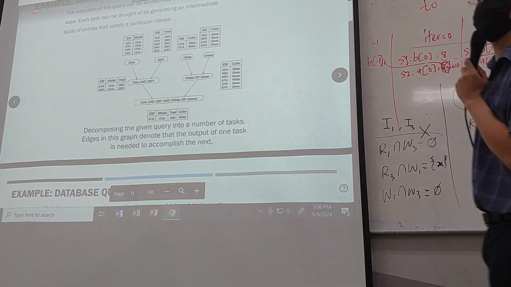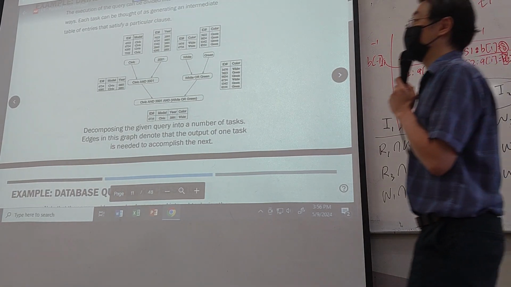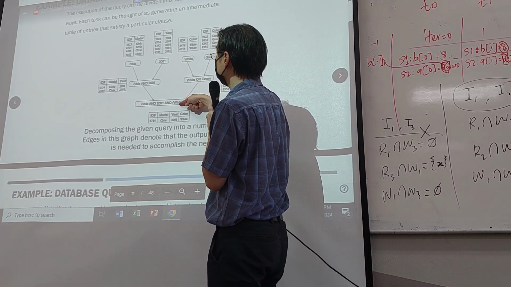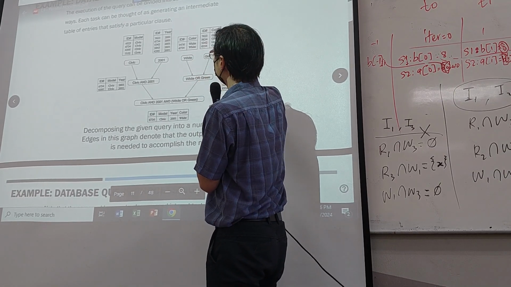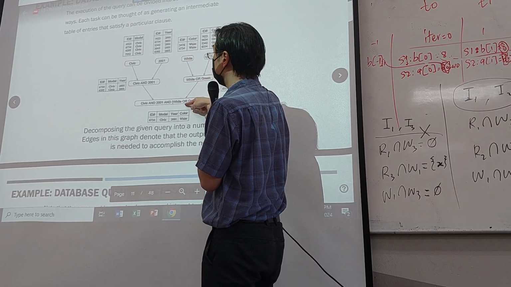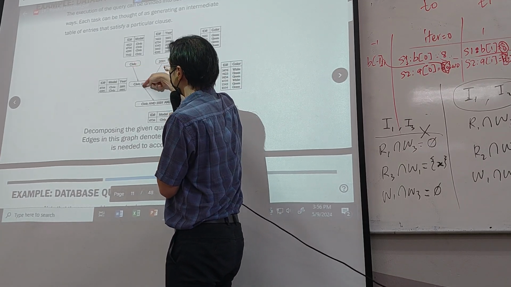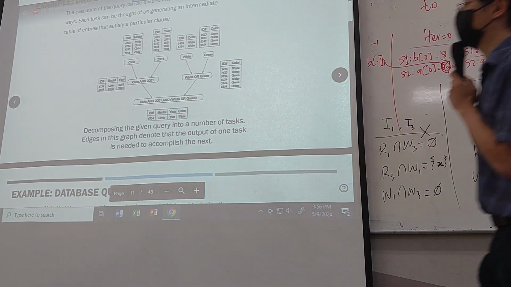Actually, there are a lot of critical paths. Here is one critical path. Here also the critical path is the same, because here is 30, here is also 30. How about here? Also 30. So here is also a critical path. All of them are the same critical path.